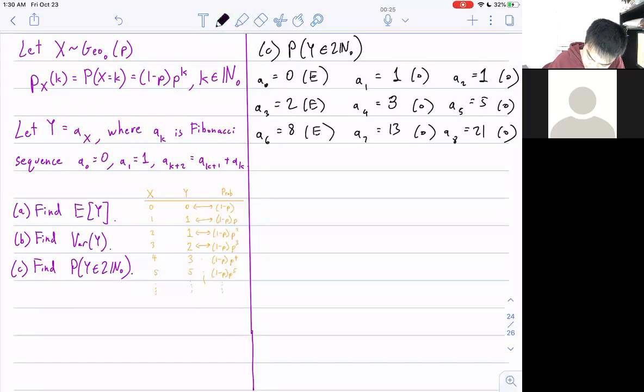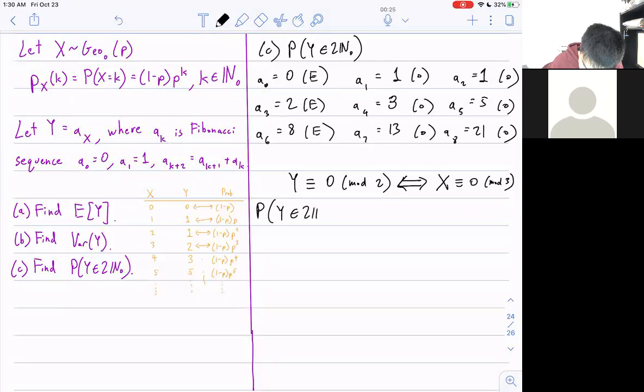Which is to say that y is congruent to 0 mod 2 if and only if x is congruent to 0 mod 3. So finding the probability that y is even is equal to finding the probability that x is a multiple of 3 among the natural numbers starting from 0.